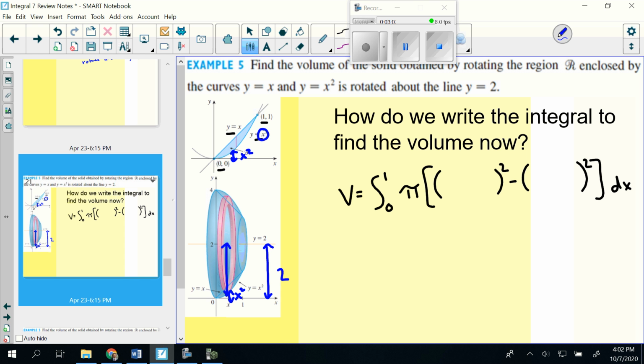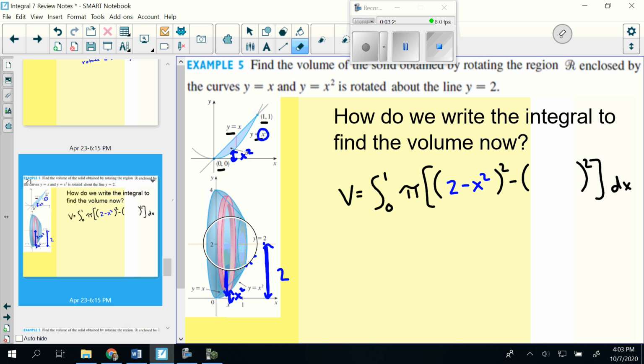So if we want this radius distance, that would be the difference of those. That radius would be 2 minus x squared. So it's the longer length minus the shorter length that gives us this radius, which is the radius further away from our rotation line.